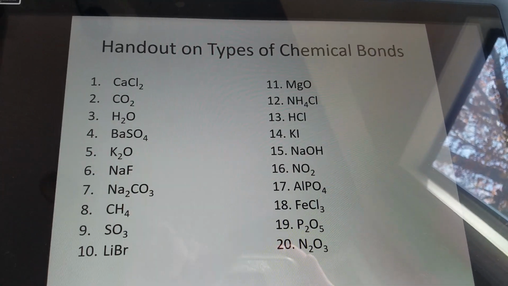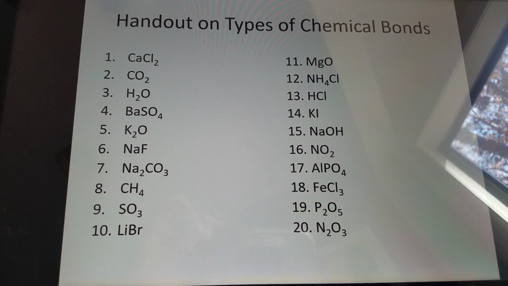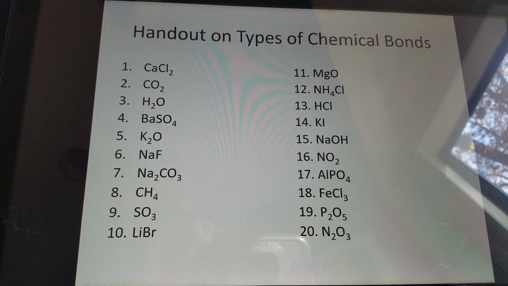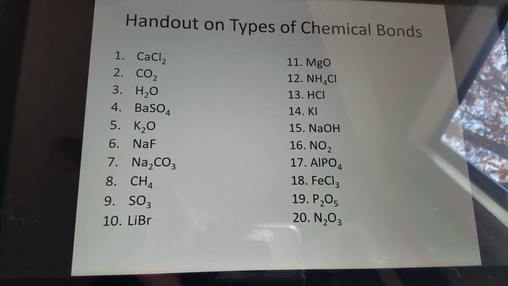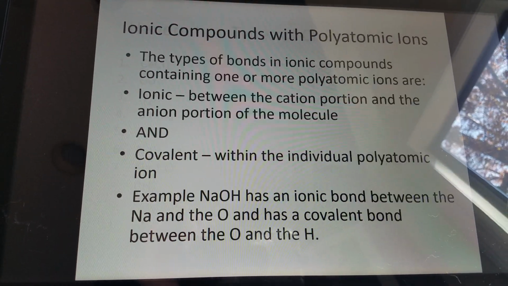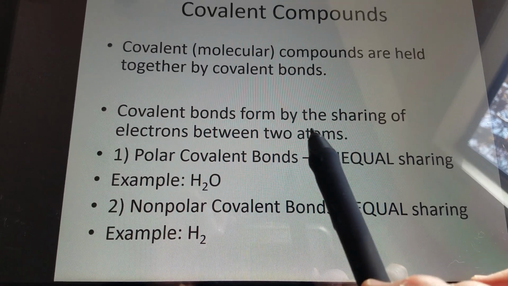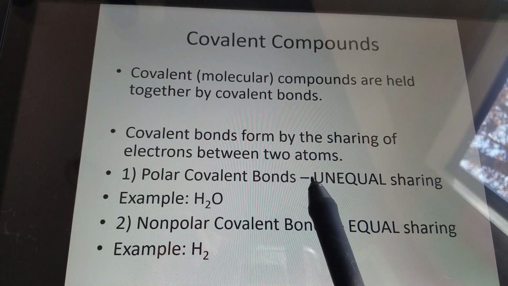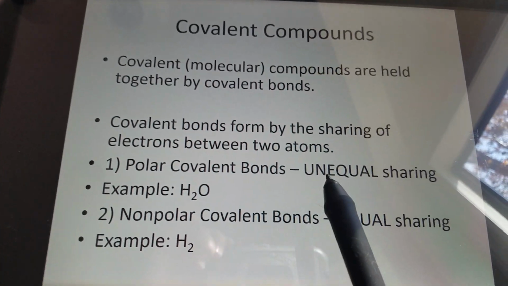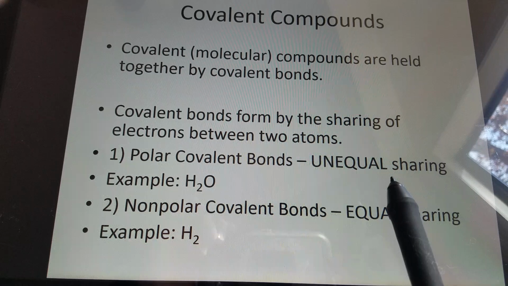One of the things you want to be able to do is determine whether you have ionic or covalent bonding. So let me go back. I guess we do need to go over that slide just real quick. When you're looking at covalent bonds, you're going to have sharing of electrons. There are two different types of sharing. You can either have equal sharing or unequal sharing.